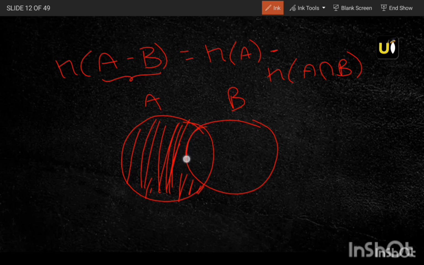Now n of A means the whole circle, which includes the elements present only in A and the intersection of both sets. So if we subtract the intersection from the total elements of A, we will get the number of elements present only in A but not in B. Okay.